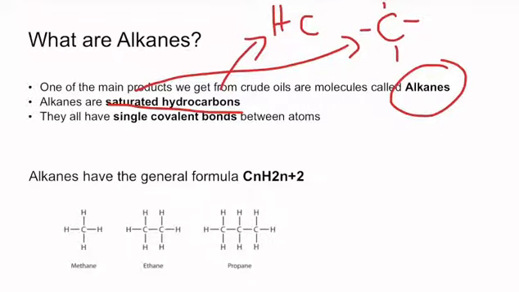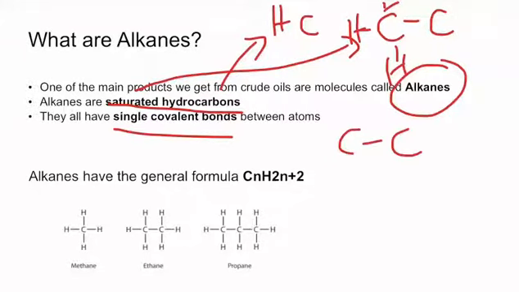And when it's saturated it means that no bond is left unbonded. Every carbon atom is bonded to either another carbon or hydrogen. And they all have single covalent bonds between their atoms, and this is contrasting to ionic bonds or double covalent bonds, but these guys just have simple single covalent bonds.